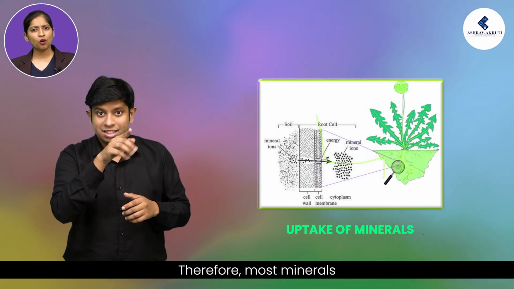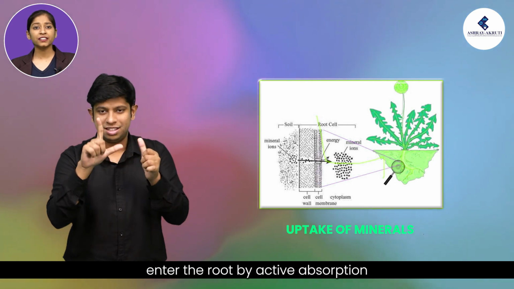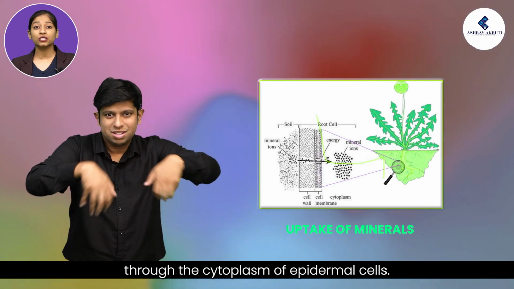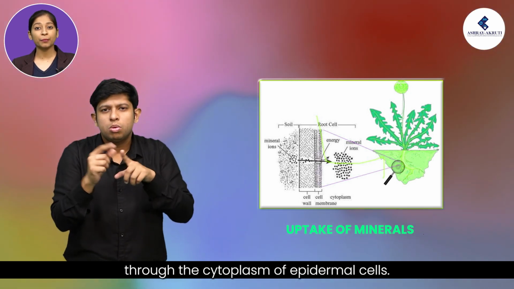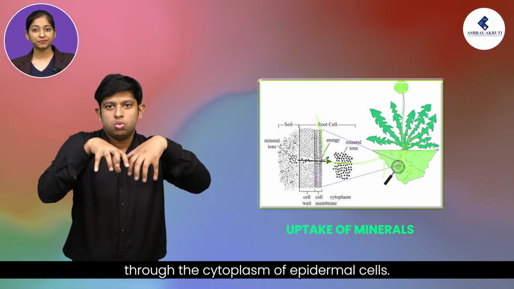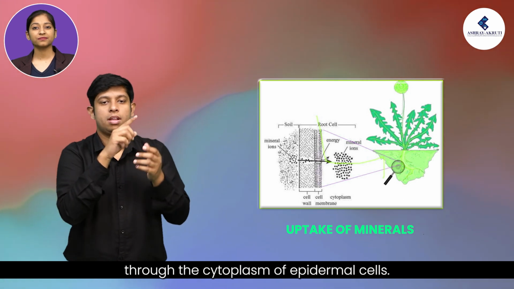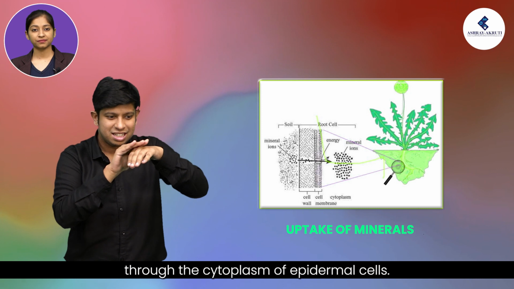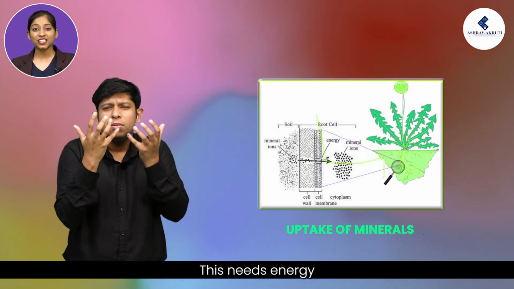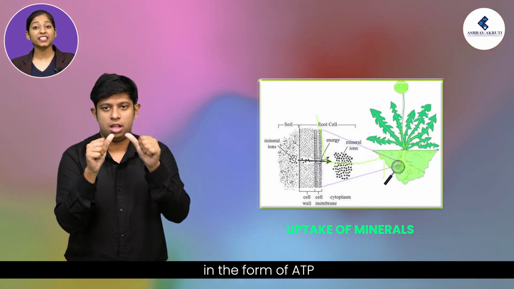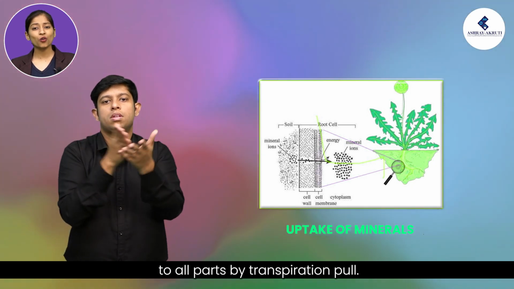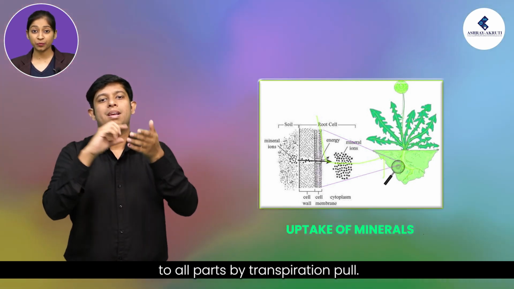Therefore, most minerals enter the root by active absorption through the cytoplasm of epidermal cells. This needs energy in the form of ATP and then transported to all parts by transpiration pull.